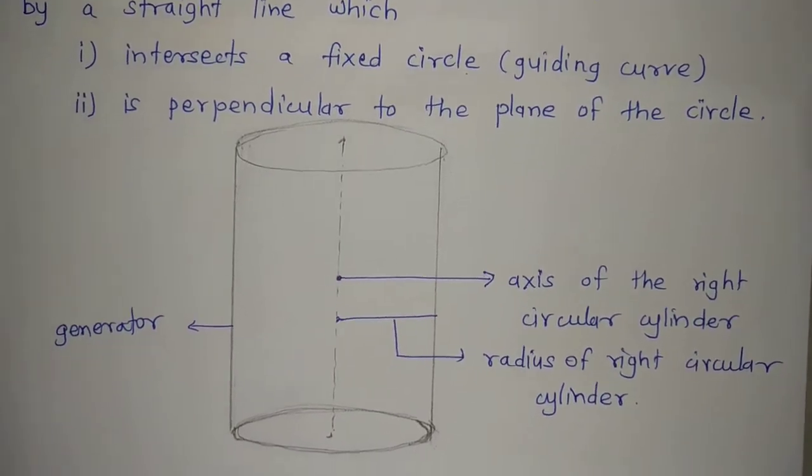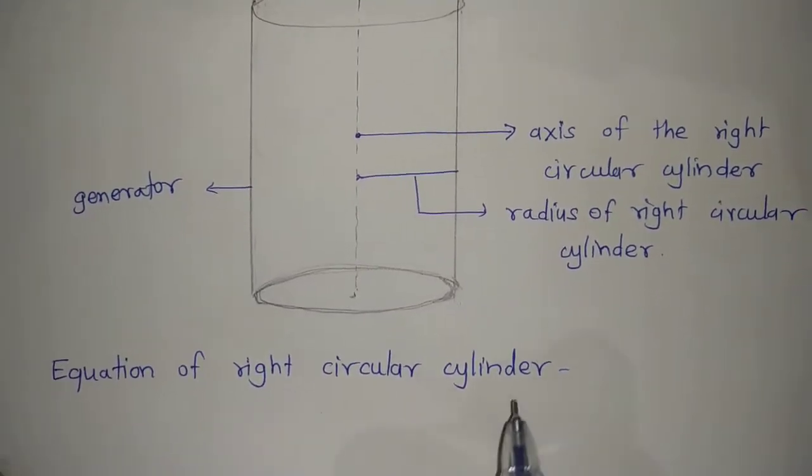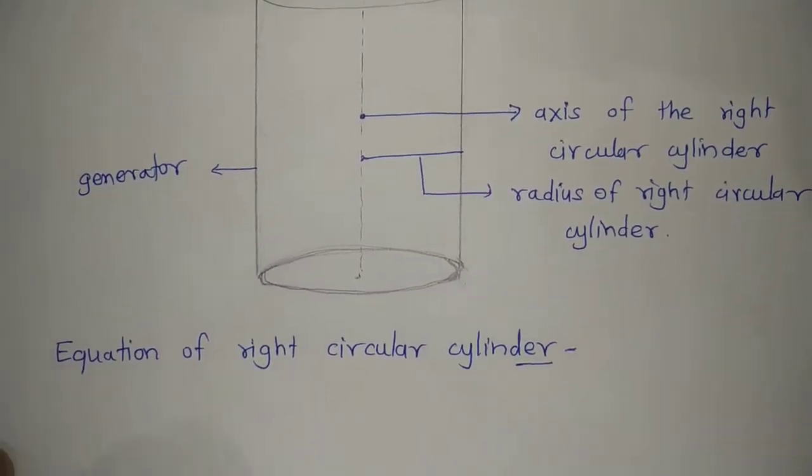Now, how to find the equation of a right circular cylinder with the help of given information.